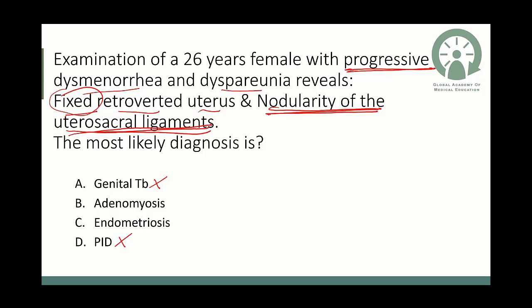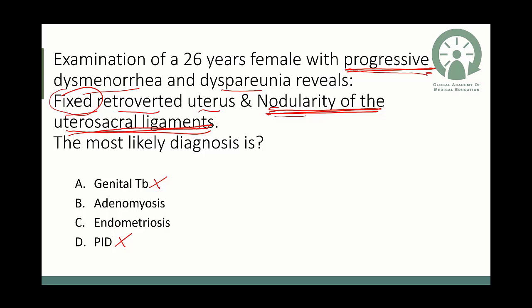So that keeps on our table to close the diagnosis, adenomyosis and endometriosis. Endometriosis is abnormal endometrial tissue outside the uterus and adenomyosis is endometrial glands within the myometrium. So here what we can see, it is a progressive disease and that has progressed to the uterosacral ligaments. Now adenomyosis cannot go to uterosacral ligaments.